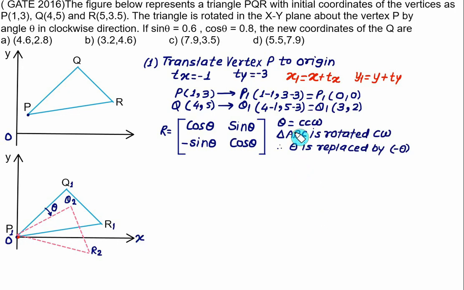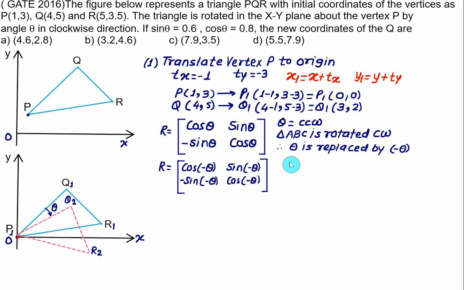Since here theta is counterclockwise and the triangle is rotated clockwise, each value of theta you have to replace by minus theta. In that case, our rotation matrix will become cos of minus theta, sin of minus theta, minus of sin of minus theta, and cos of minus theta.